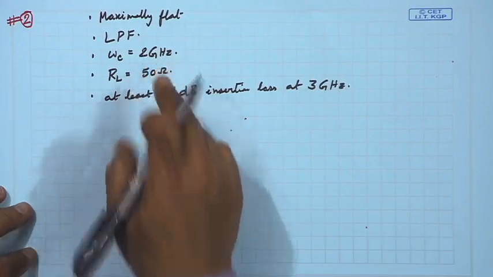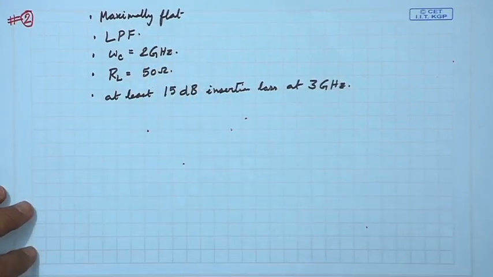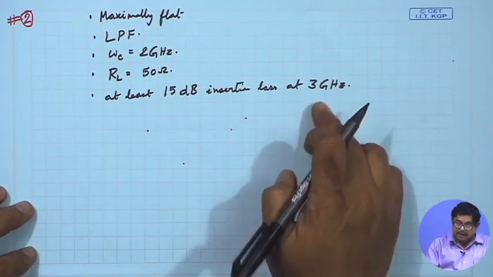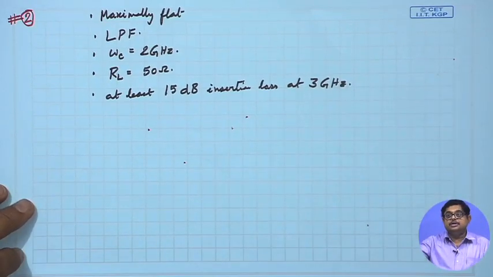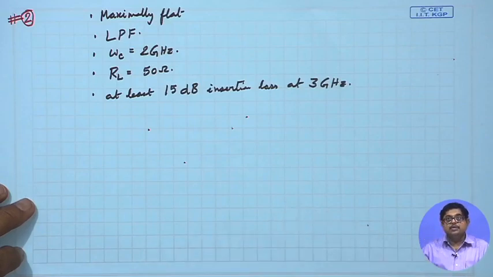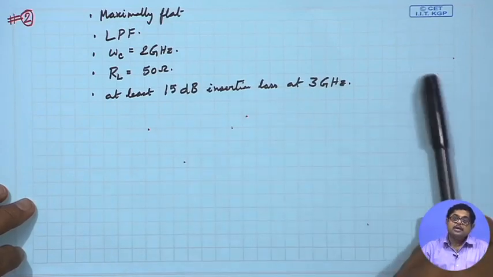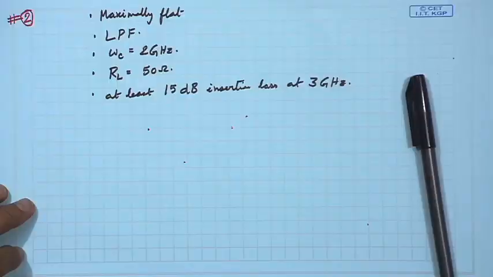You see, cutoff frequency is 2 gigahertz, and far away I want, because maybe at 3 gigahertz there is some interfering signal or another signal source. So, there I want at least a high insertion loss of 15 dB.